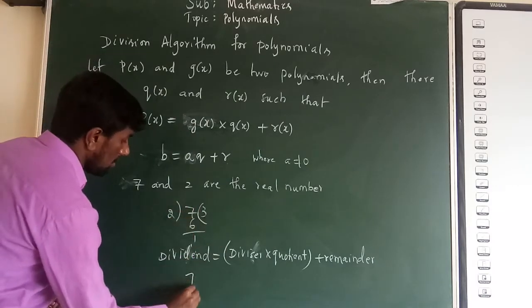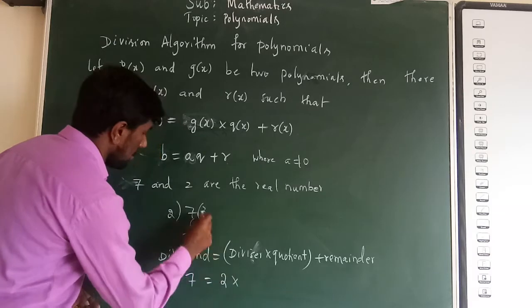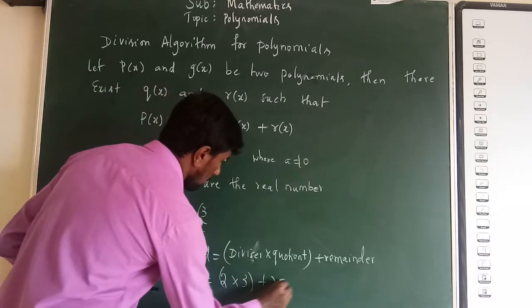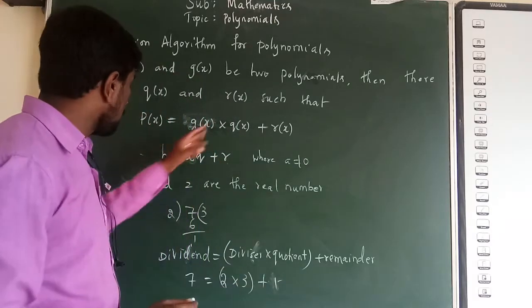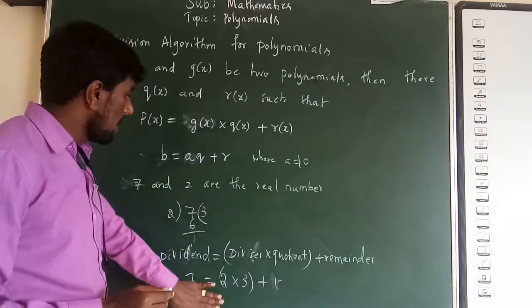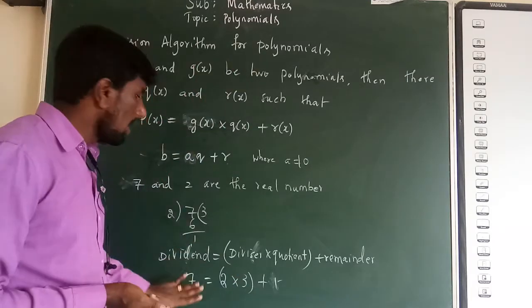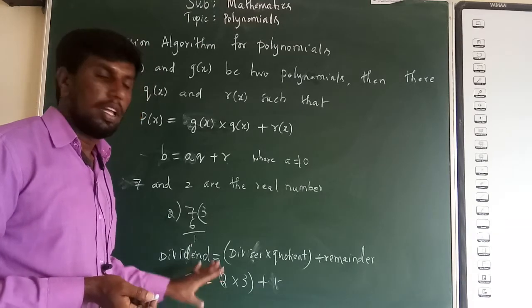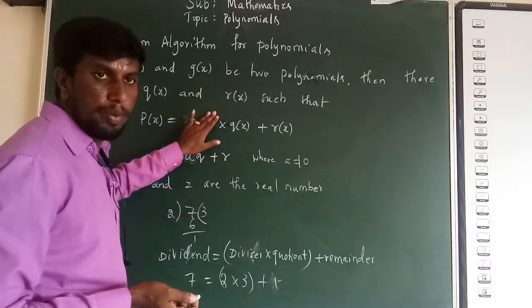Now dividend is 7, divisor is 2, quotient is 3 plus remainder is 1. Correct? The same logic will be applicable for real numbers, and the same logic will be applicable for polynomials also. This we have already studied in the real numbers lesson.